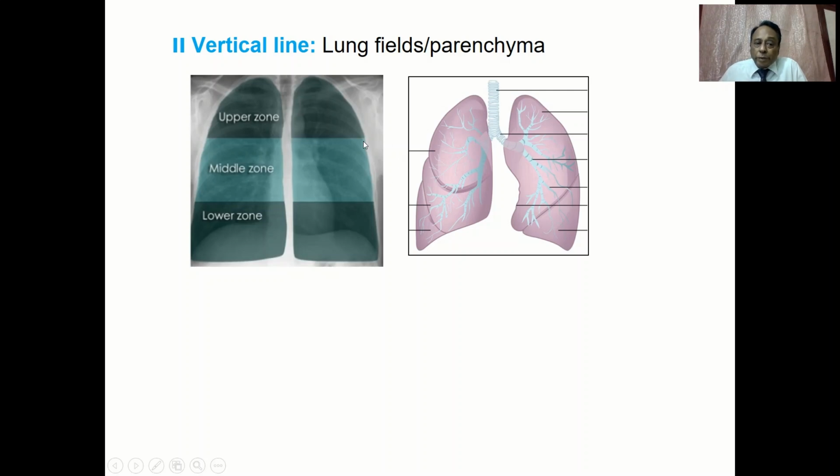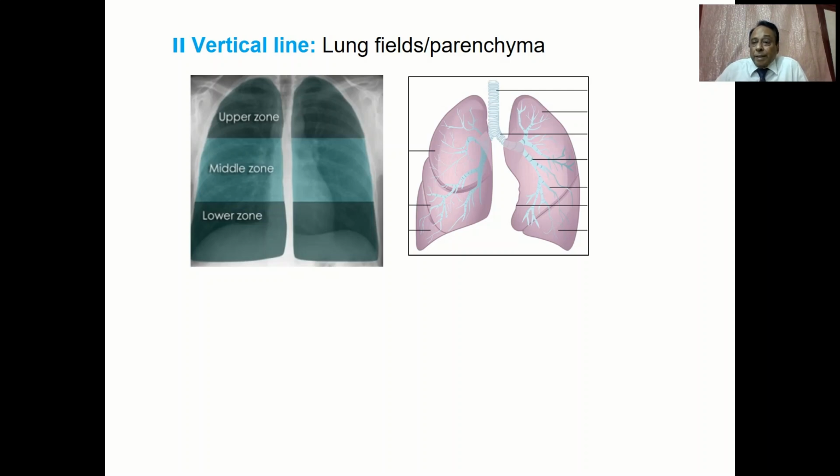Again, if you see the anatomy of the lung, the upper lobes always sit on the lower lobes. On the right side, both the right upper lobe and right middle lobe sit on the right lower lobe, whereas on the left side, the left upper lobe sits on the left lower lobe.